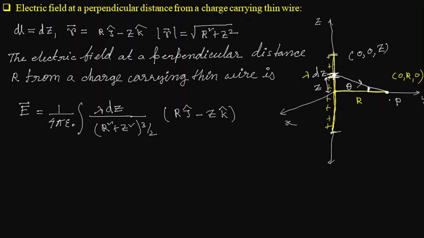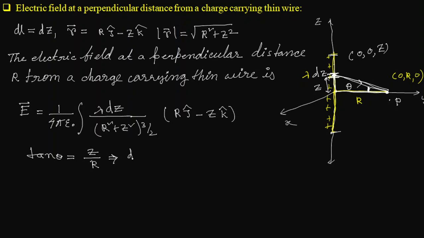First we have to write some relations between z and theta. From this figure, this is a right angle triangle. So from this right angle triangle, tan theta is equal to z divided by r, perpendicular upon base.